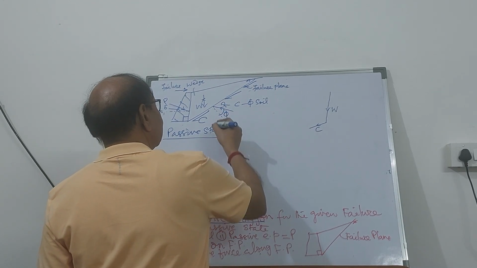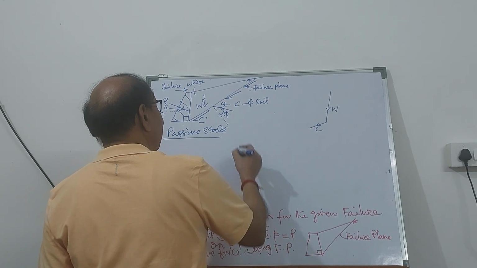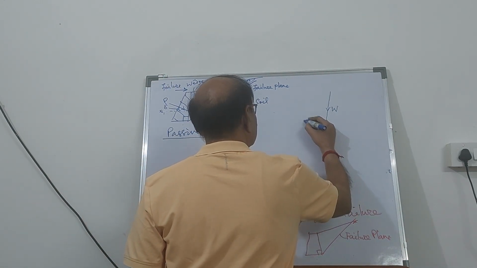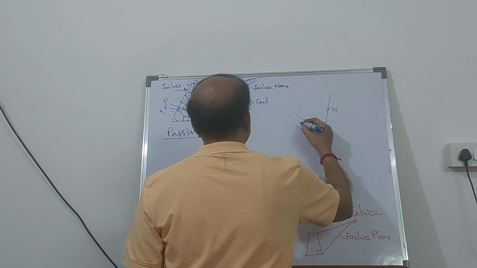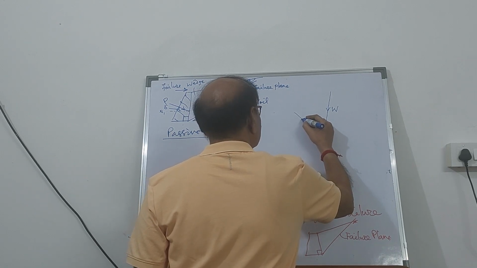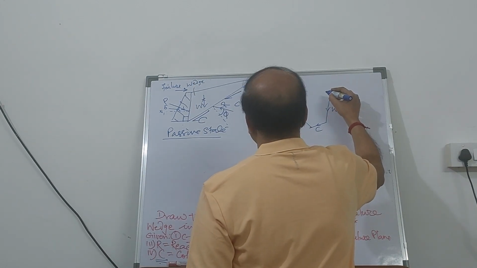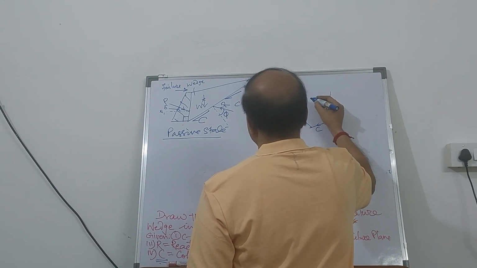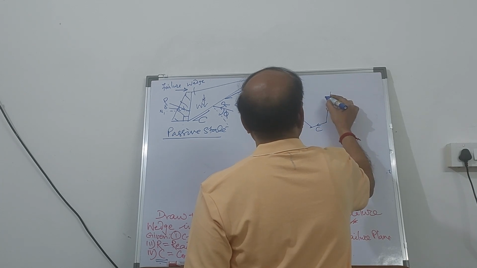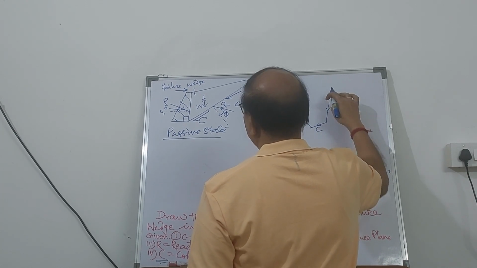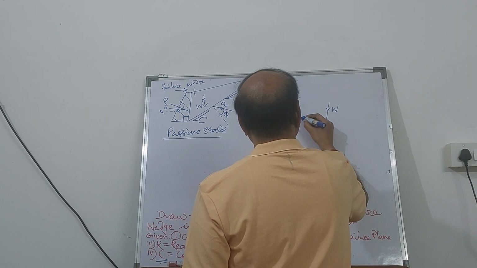Then it is the reaction force which is shown, so parallel to this you can draw the reaction force. You know the origin of W, and you know how PA is acting.